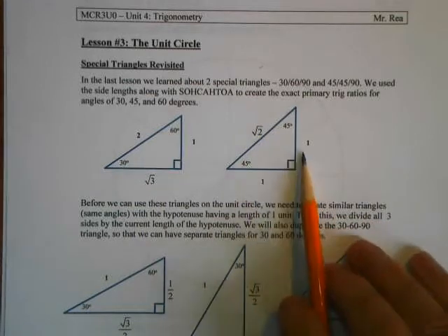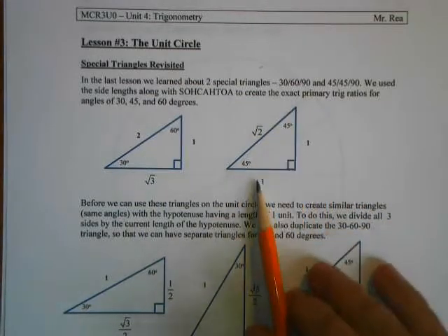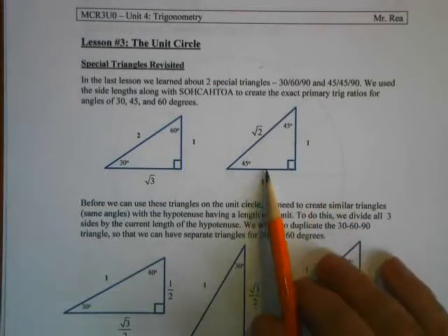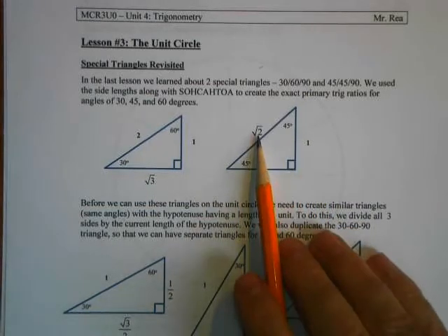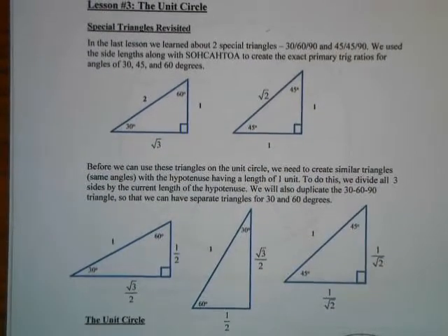Our second triangle we came up with, this is basically an isosceles triangle. So these two sides are equal. We gave them a side length of 1, calculated the hypotenuse to be root 2 using Pythagorean theorem. So we are going to use these two triangles today.